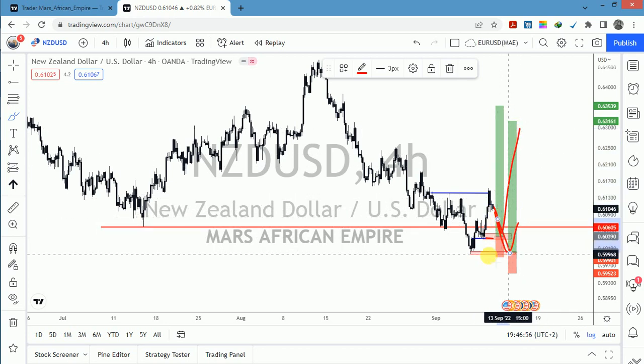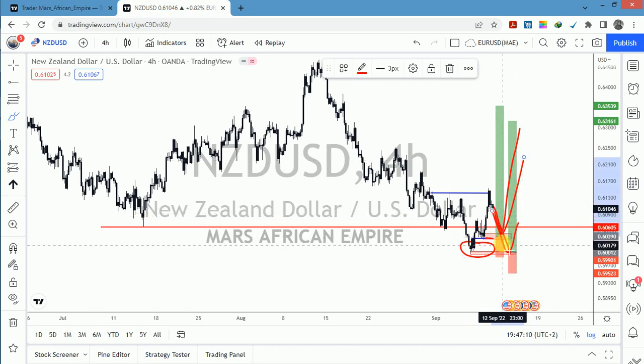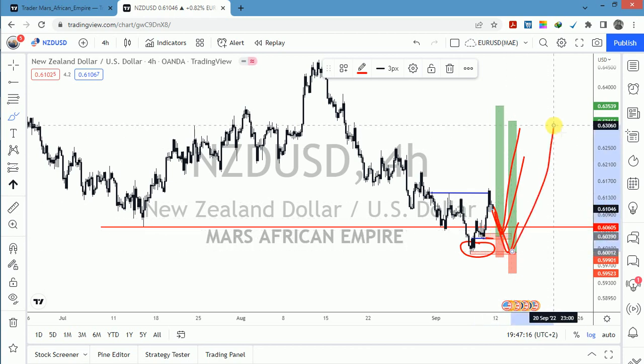So we are hoping for this price to go up there, and we also know that there's a possibility for price to clear whatever liquidity that is below that zone there. So price might be rejected there, or it might even go a bit lower, then it can continue to go up there.